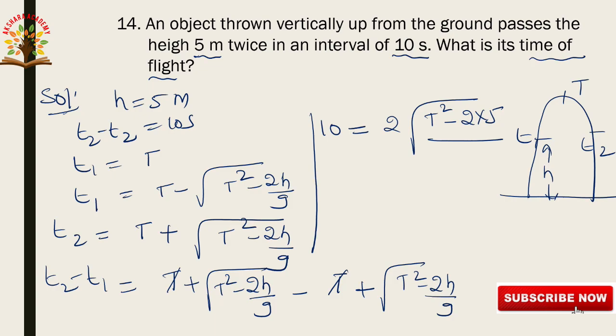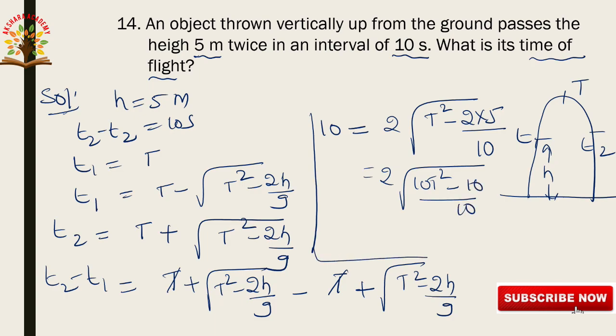So t square minus 2 into 5 by 10. Taking LCM, root of 10 t square minus 10 by 10. Now 10 is equal to 2 into root of (10 t square minus 10 by 10), so 5 is equal to root of (10 t square minus 10 by 10).